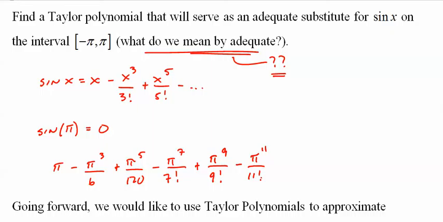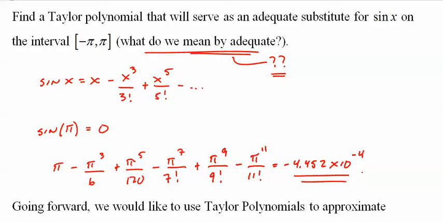I get negative 4.452 times 10 to the negative 4th. Pretty close to 0. My error, and we always take absolute value, would be 4.452 times 10 to the negative 4th.